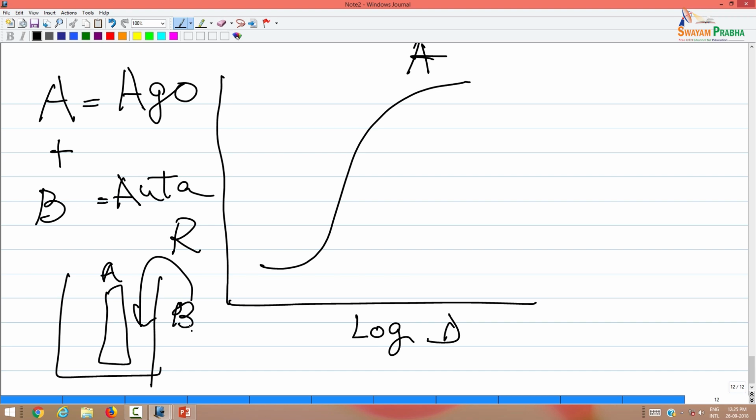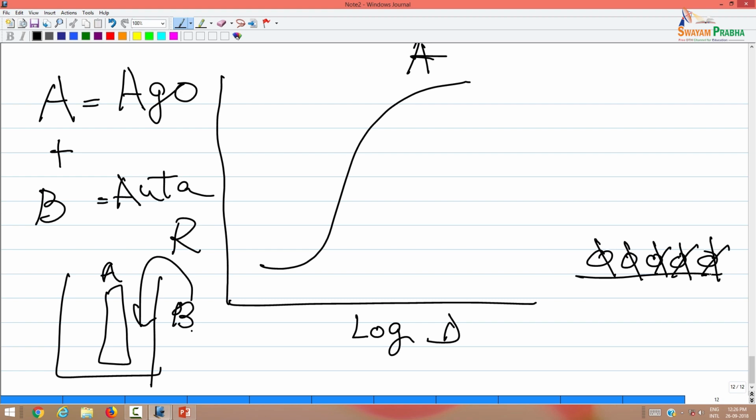Now, what will happen? B is an antagonist, that means many of these receptors are occupied by the drug which does not have an intrinsic activity. Say there are 10 molecules or 5 molecules. Now, of these 5 molecules, 2 have been occupied by antagonists, because they also have affinity, but these 3 molecules are occupied by agonist, which has an affinity.